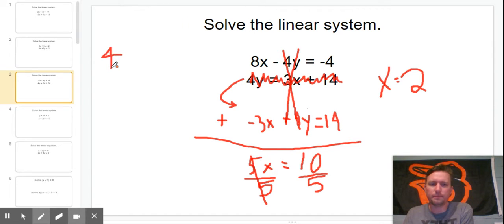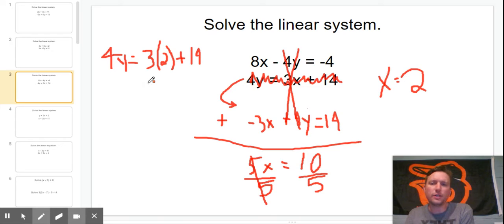So it would be 4y equals 3 times 2, because that's the value of x, plus 14. Okay? Forgot my 1. 14.